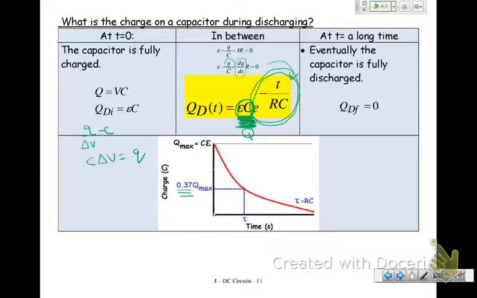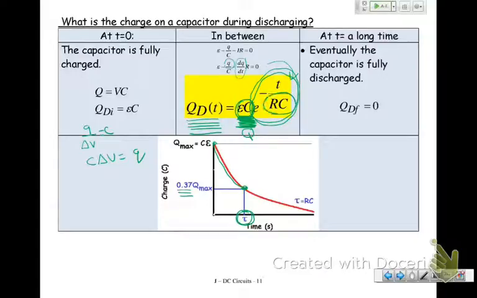At this time, I have 37% of my maximum value. So this is discharging a capacitor, and I've fallen to 37% of my value at t equals RC.